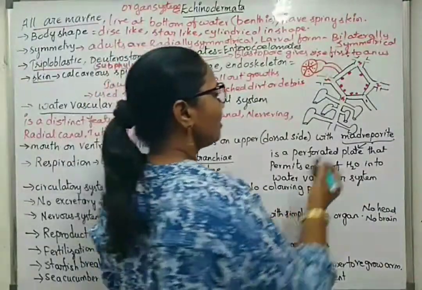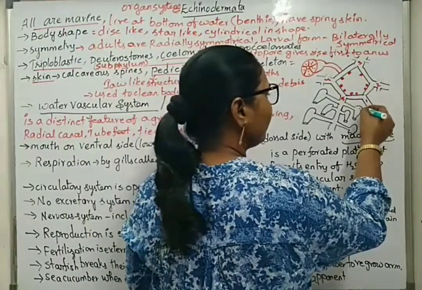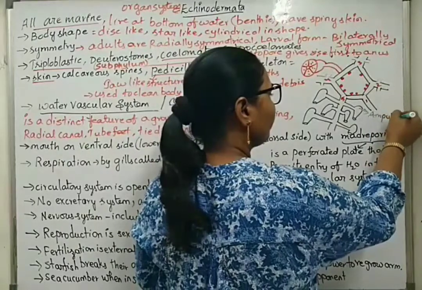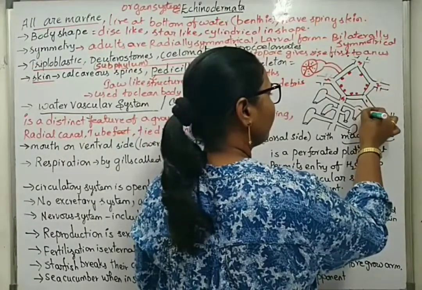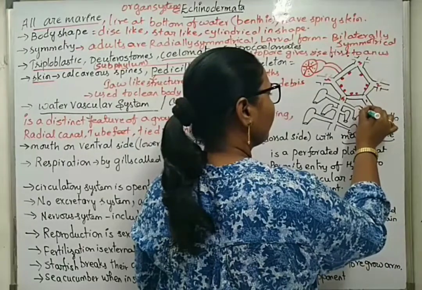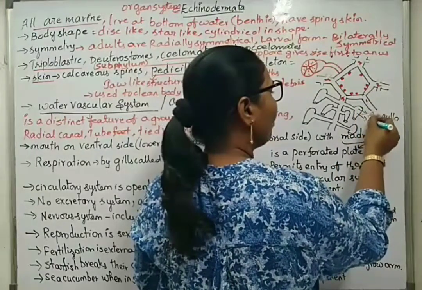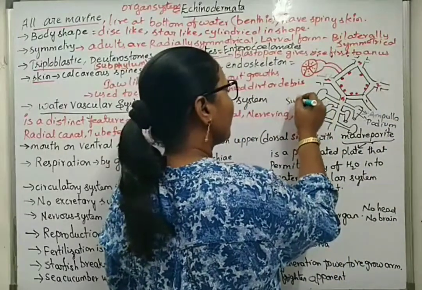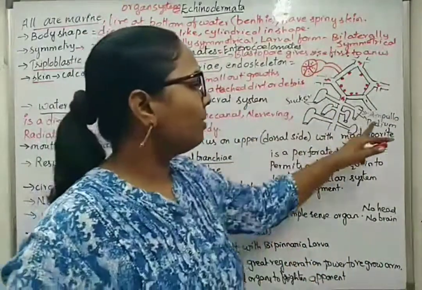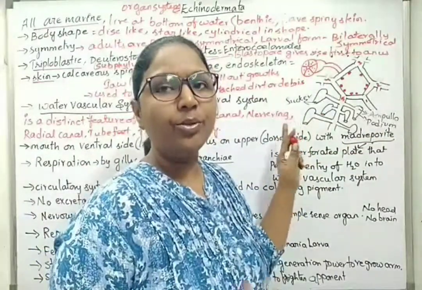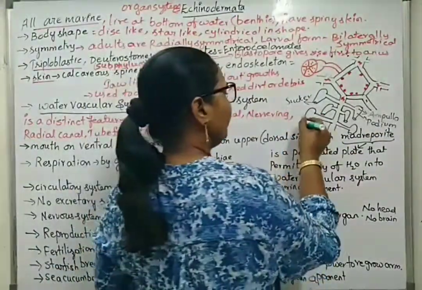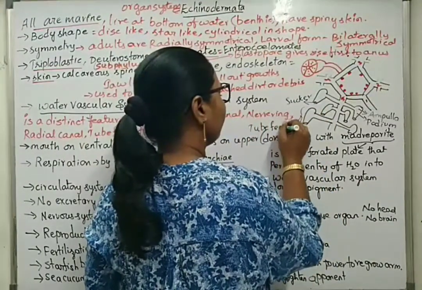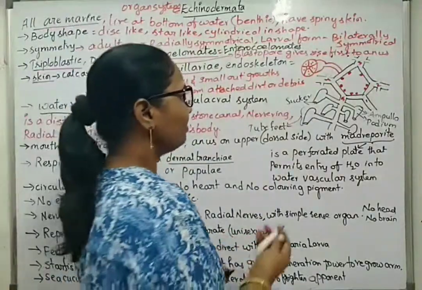So we can give labelings. This part is called the ampulla, this is called the podium, and this bottom part is called the sucker. Now, ampulla, podium and sucker, the three together constitute one tube foot.